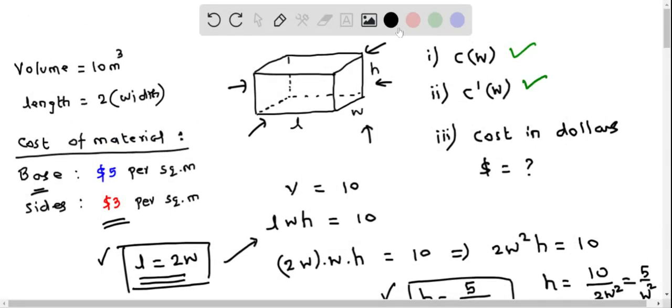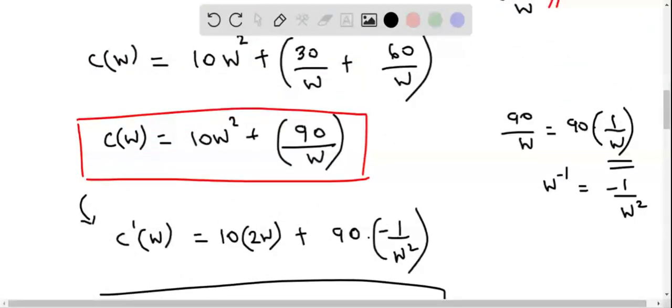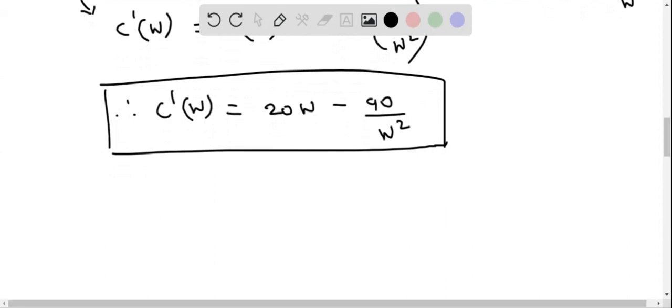We now have to do part 3, which is to find the cost in dollars of the material for the least expensive storage container. So we have to apply calculus to find the minimum value of the cost function. The minimum value usually occurs at C prime of W equal to 0.